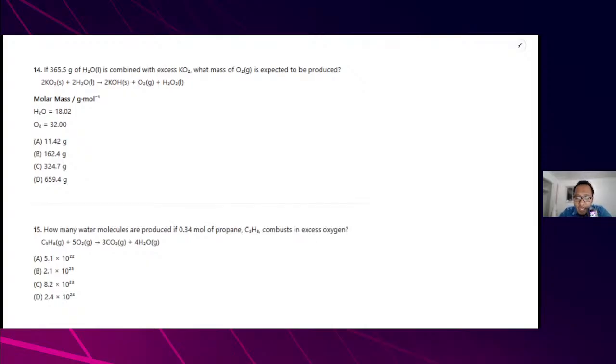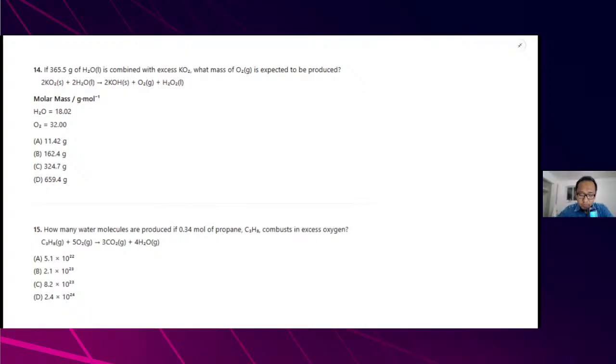If 365.5 gram H2O is combined with excess KO2, what mass of O2 is expected to be produced? Regarding this question, the H2O is combined with excess KO2. Remember, there is a clue here about which one is in excess.